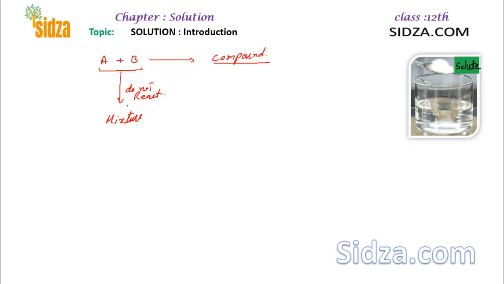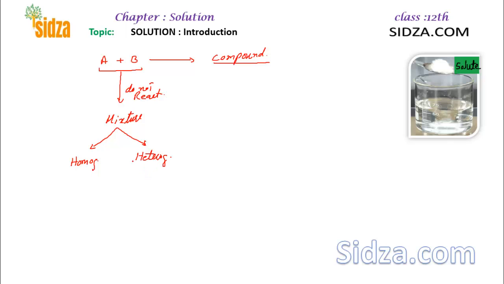So when you mix two things and they don't react with each other, you get a mixture. A mixture is normally of two types: a homogeneous mixture and a heterogeneous mixture, right? So we get a homogeneous mixture and a heterogeneous mixture.